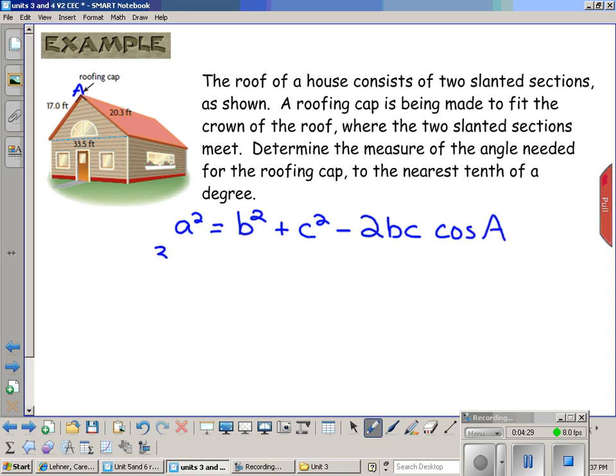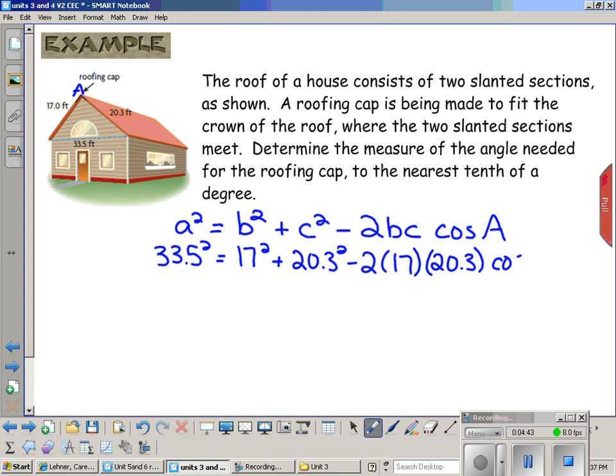A squared is the side opposite the angle we are looking for. B and C are the two other sides. And we are looking for angle A. So now we go through and we find these measurements. And here we just make sure we do 2 times 17 times 20.3.